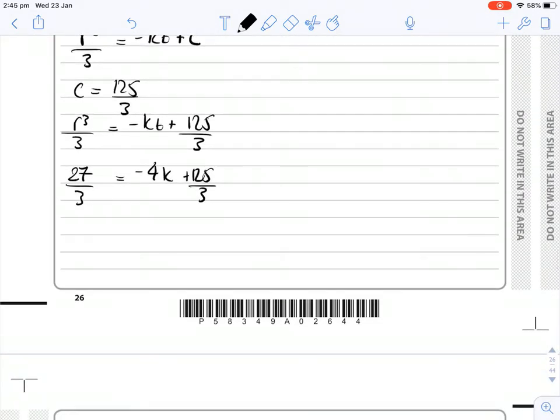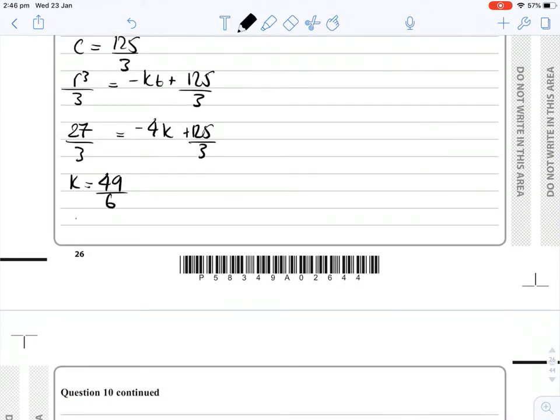And so that's going to give us that k is equal to 49 over 6. And so therefore our equation is going to be that r cubed over 3 is equal to minus 49t over 6 plus 125 over 3.